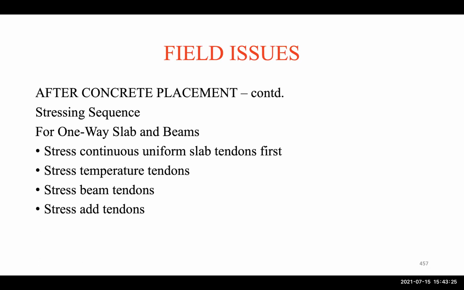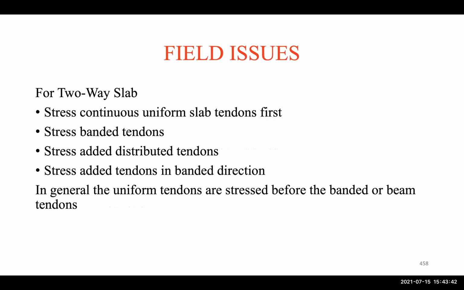Okay, stressing sequence. For one-way slab and beams, stress continuous uniform slab tendons first, then stress temperature tendons, then stress beam tendons, then stress added tendons. Okay, any additional that are added. For two-way slab, stress continuous uniform slab tendons first, then stress banded tendons, then stress added distributed tendons, then stress added tendons in banded sections in the banded direction.